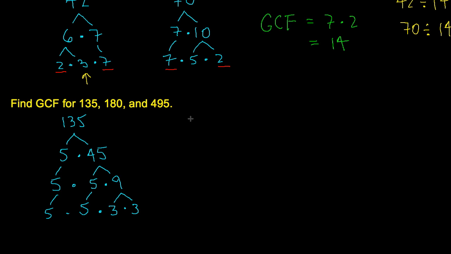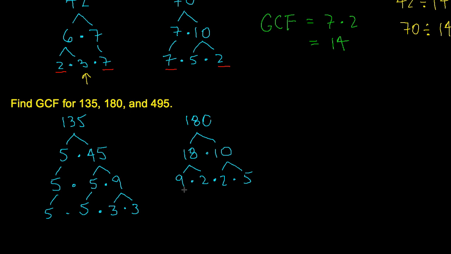Moving on to the 180. 180 will factor into 18 times 10. That to me is the easiest way to begin. 18 factors into 9 times 2, and the 10 factors into 2 times 5. At that point, the 2 and the 5 are prime.